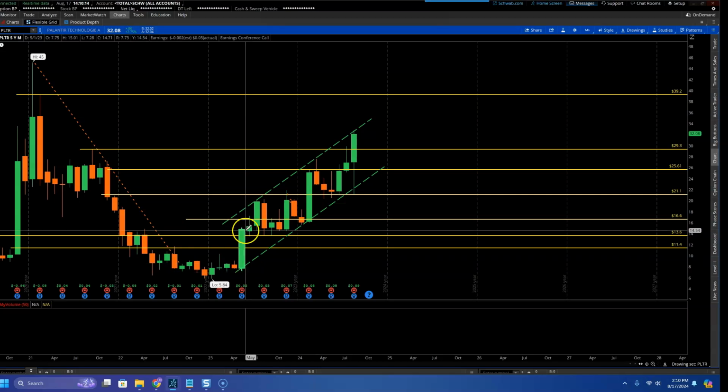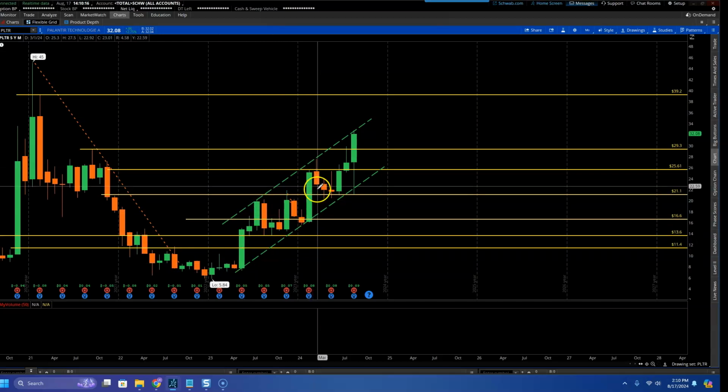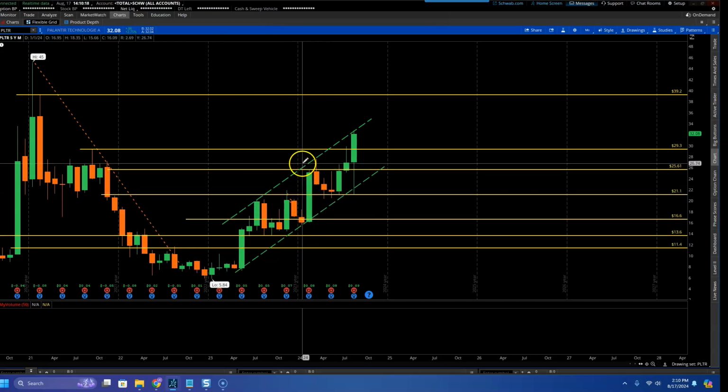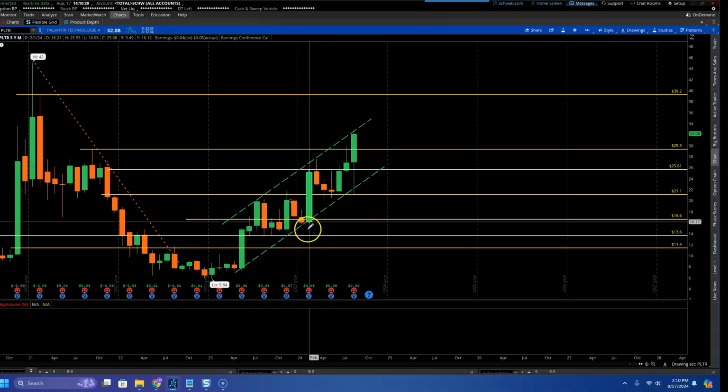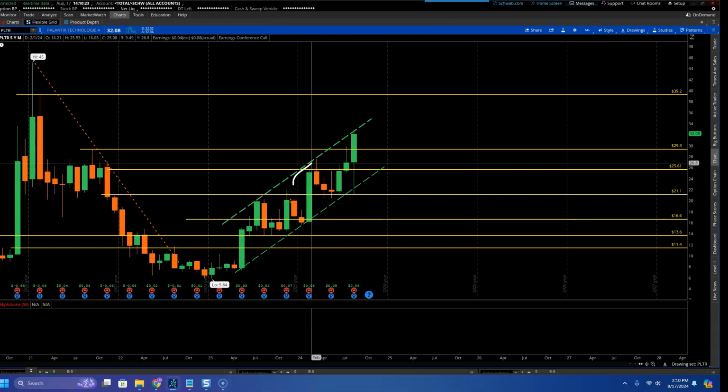All these monthly bars are really nice and strong, and the red months are only consolidation, and they pretty much stay within the range of the bullish bars.